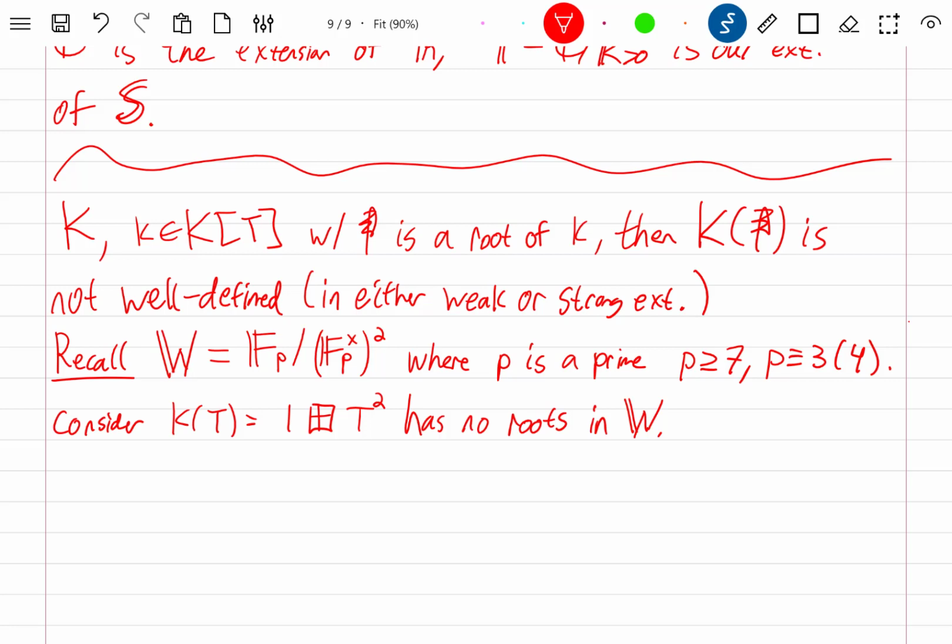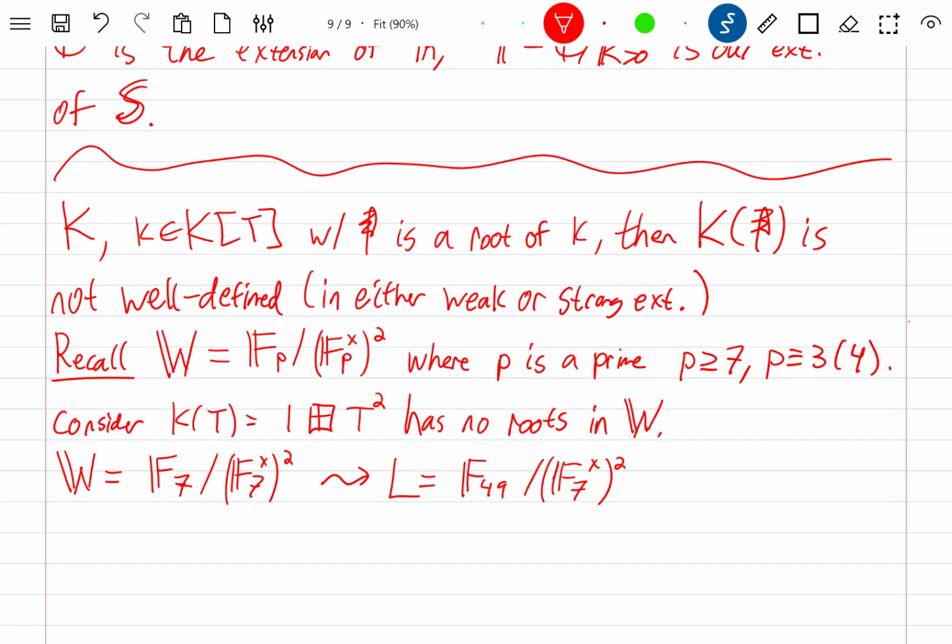So our goal is we will consider the extensions. So we will consider W is F7 mod the squares of the field of 7 elements. And this will give us an extension, maybe I will call it L, which is F49 modulo just the squares of F7.